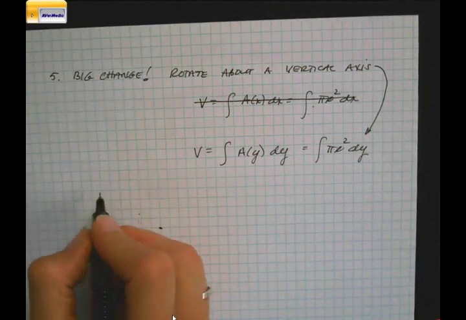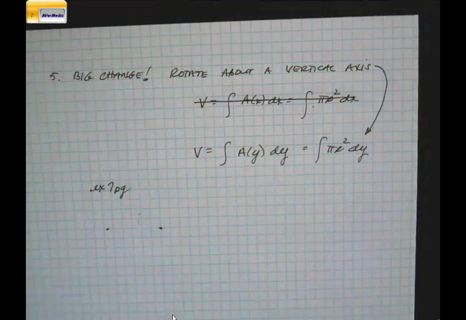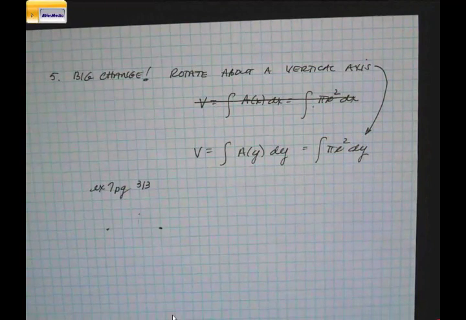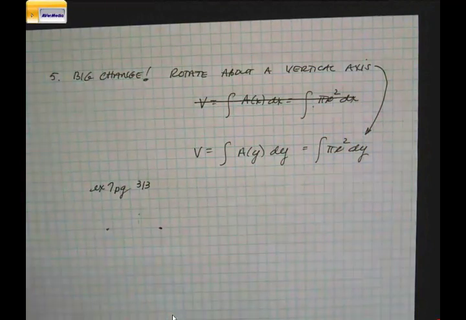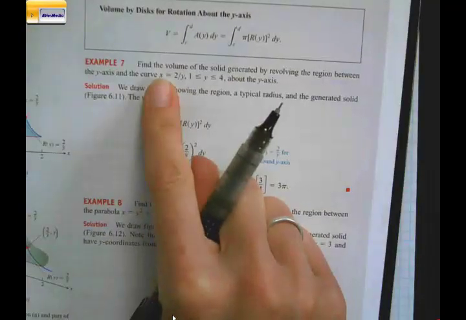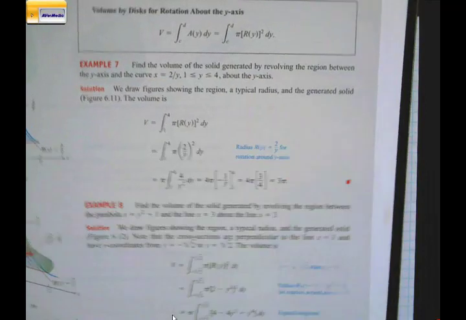Okay, so let's take a look at example 7, which is on page 313 of our textbook. It says, find the volume of the solid generated by revolving the region between the y-axis and the curve x equaling 2 over y, where y is running between 1 and 4, and rotate it about the y-axis. So I will write this down.